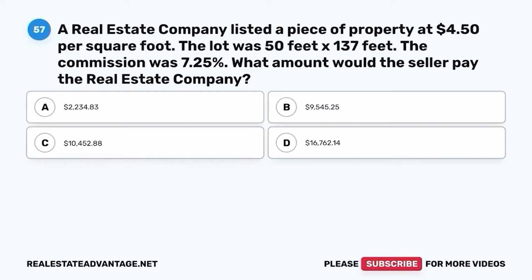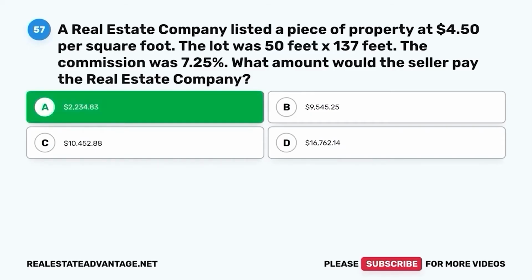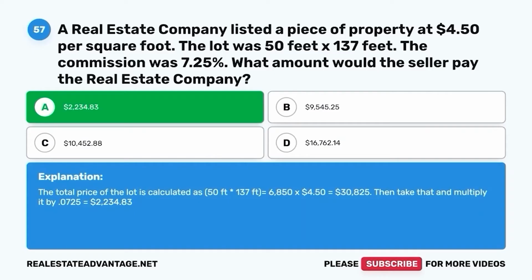D. $16,762.14. The correct answer is A, $2,234.83. The total price of the lot is calculated as 50 feet times 137 feet equals 6,850 square feet, times $4.50 equals $30,825. Then multiply that by 0.0725, which equals $2,234.83.